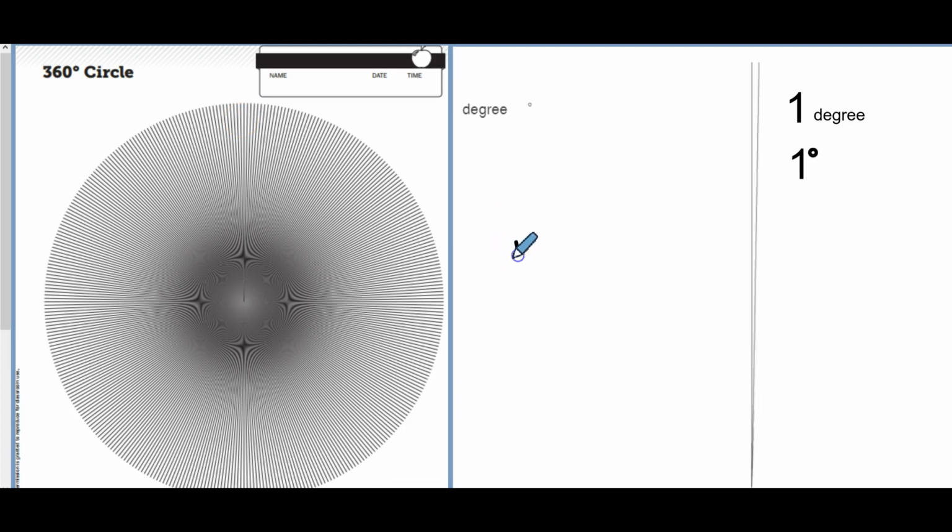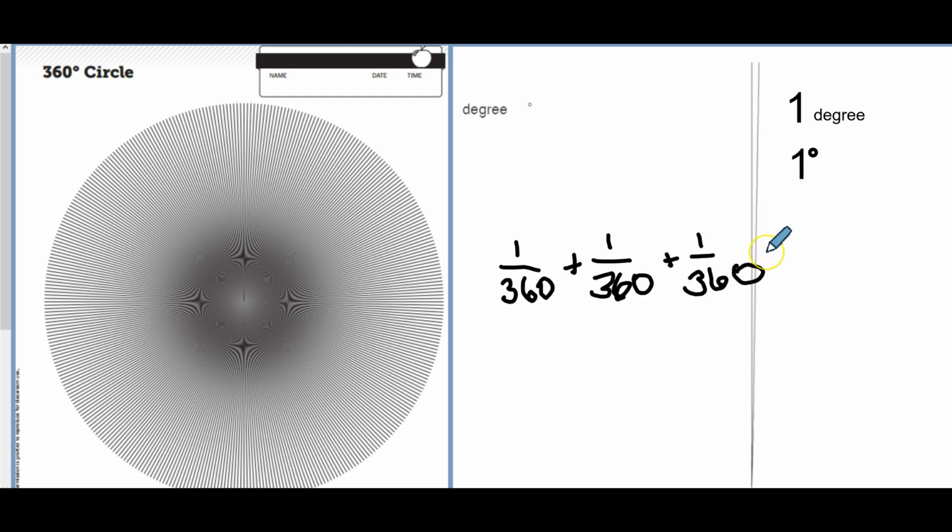In fact, I could say 1/360th plus 1/360th plus 1/360th, and I can do that 360 times to equal my whole circle, or 360/360ths.